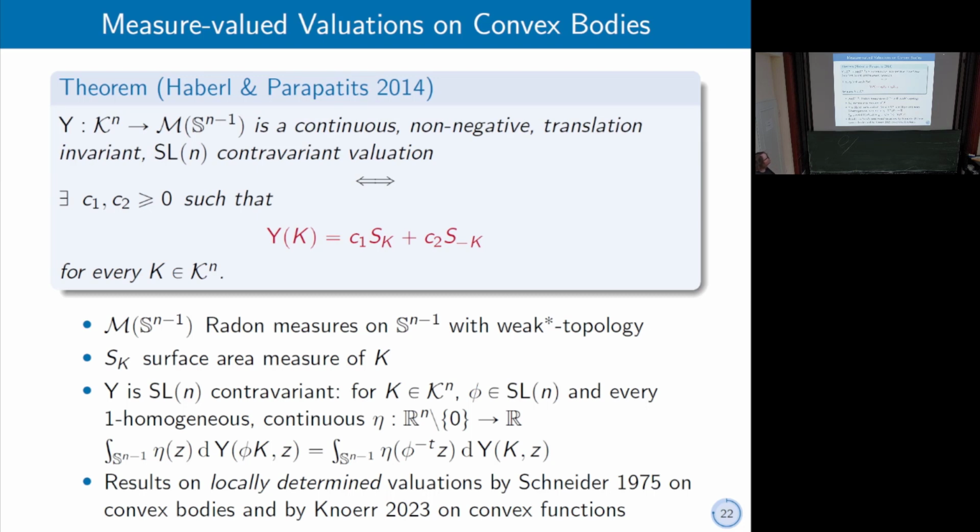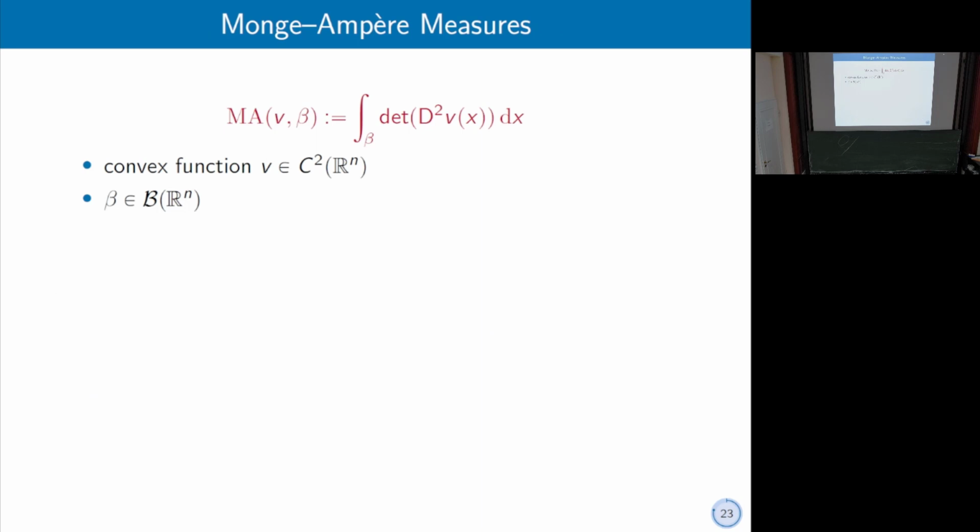Okay. So what is the thing that we want to characterize, or what is the answer? And what we really want to get is the Monge-Ampère measure. So you can define Monge-Ampère measure in any dimension, and this is just to recall what the definition is. If everything is smooth, I just integrate over the determinant of the Hessian.